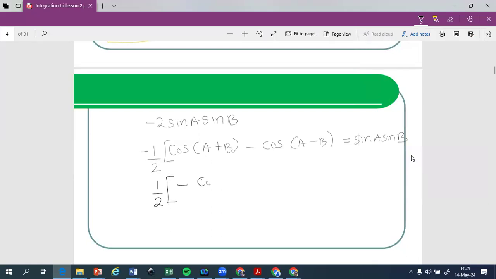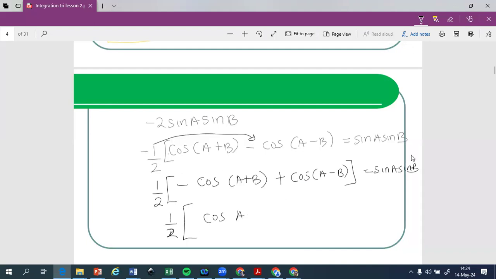So I get negative cos of A plus B plus, because it is a negative, it multiplies here and it also multiplies here, so here I will get plus cos of A minus B is equal to sine A sine B. Now I can start with a positive, so I can write a half into cos of A minus B minus cos of A plus B is equal to sine of A sine of B.